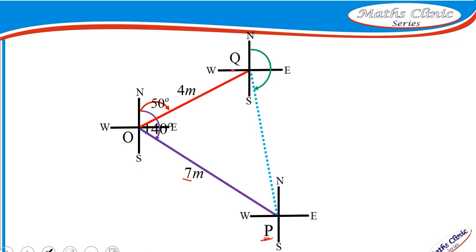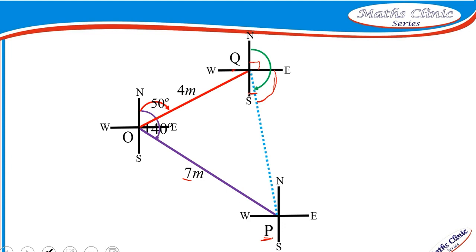So this is what we want to calculate. Obviously, we know this angle is 90. If we happen to know the remaining angle up to this point, then we can know the bearing. But that is not known. The small angle here too, we don't know because there's no clue to know that value. If you know the small angle here, of course, we can subtract that from 90 to get the remaining angle.